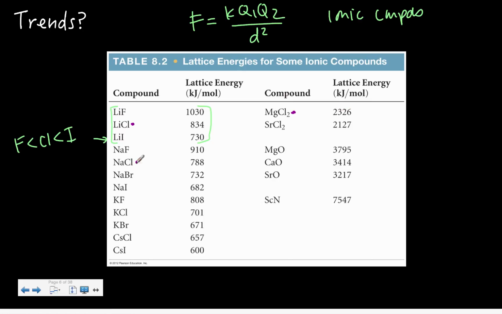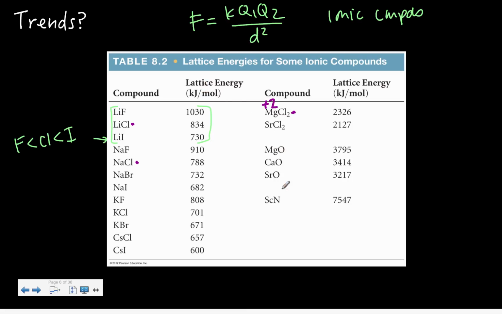If we even add sodium chloride to the mix, again, much, much bigger still. Why is magnesium chloride's lattice energy so much greater than lithium chloride or sodium chloride? Double the charge. This has a charge of +2, which means that we've literally doubled the force of attraction. So Q is going to be the biggest factor.